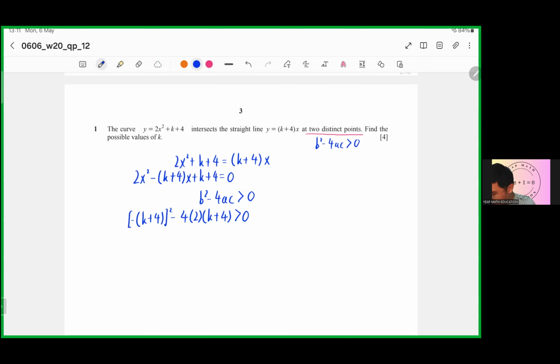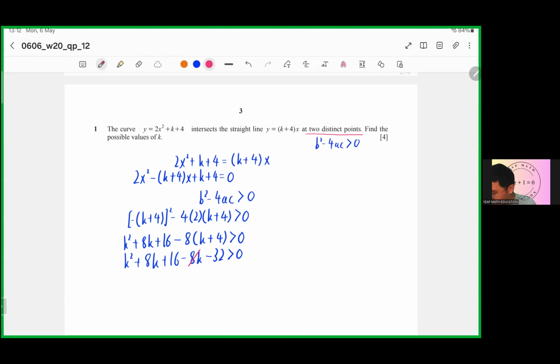Now we can expand: k squared plus 8k plus 16 minus 8(k plus 4) more than 0. So k squared plus 8k plus 16 minus 8k minus 32 more than 0.